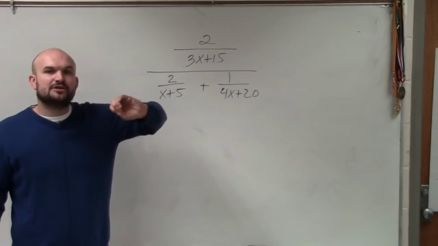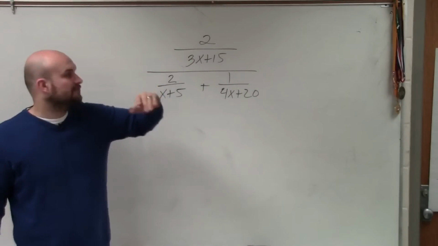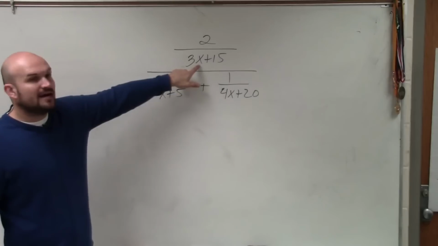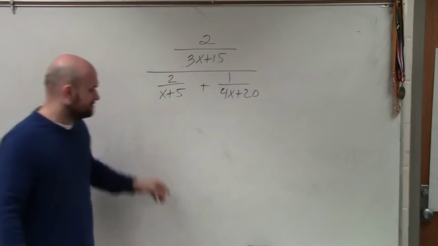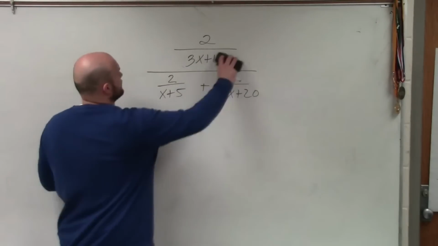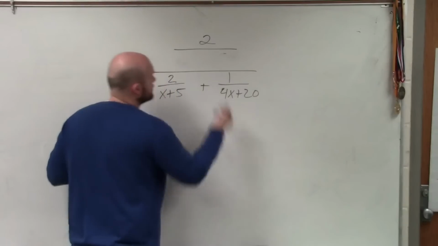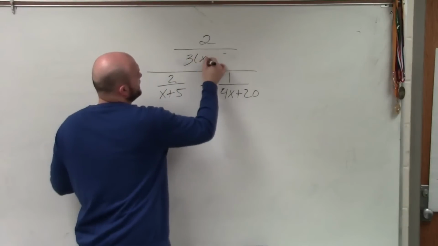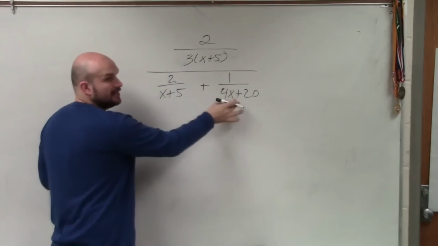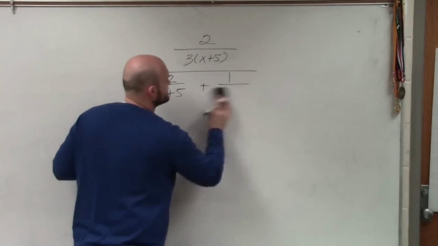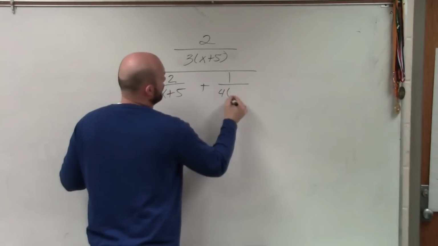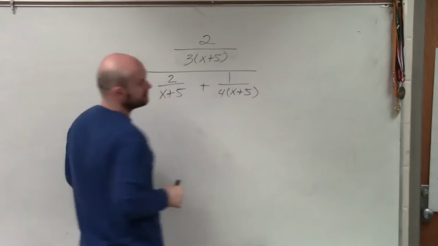So the first thing we want to do is factor to find our common denominator. Here, I can factor out a 3, so that would give me, what? Yep, 3 times x plus 5. Here, I can factor out a 4, so that's going to give me 4 times x plus 5.